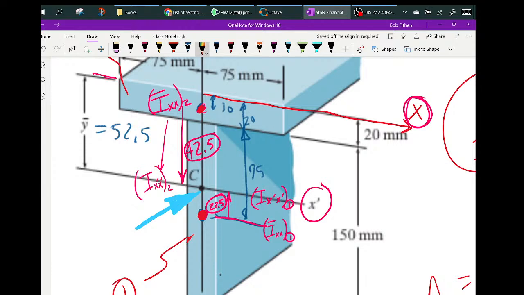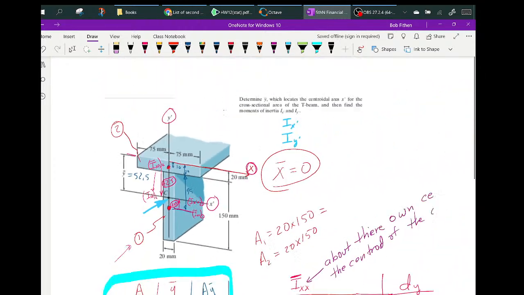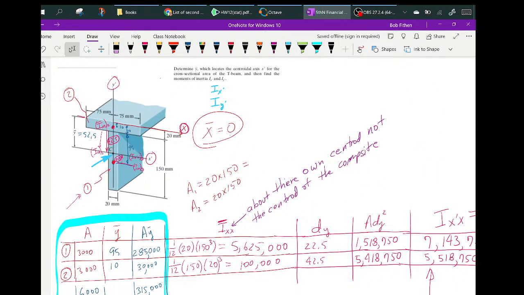And then 42.5. Okay, so I'm having to move from here down to the centroid here. Is that the correct distance? So if I add 42.5 plus the 10, I should get back to. Now the question is, do I put them in the right columns? Okay, so the 150 to the third should be the 22.5, because this is this one.